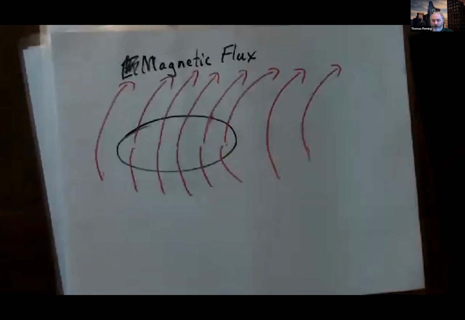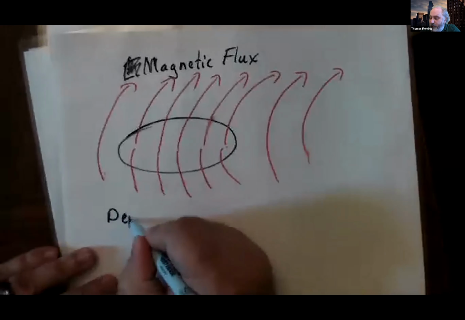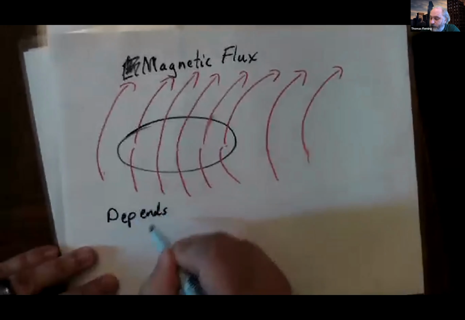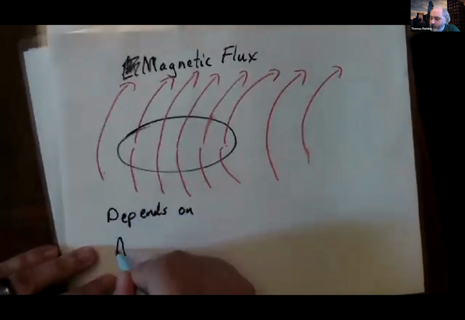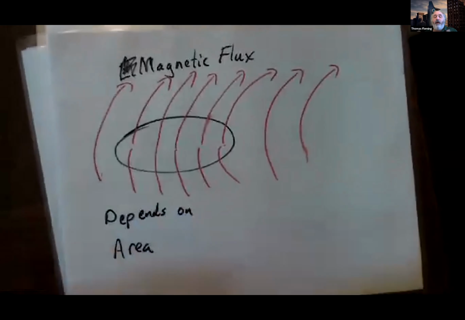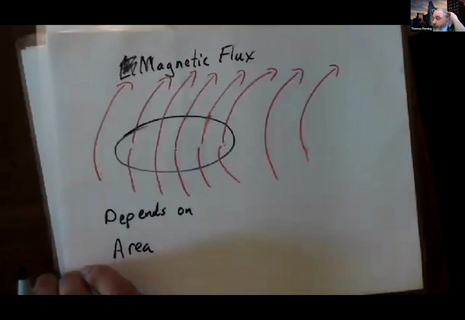So it is clear that the magnetic flux is going to depend on the area of the surface through which we take the magnetic flux. If I have a bigger area, I'm going to get more flux. That's kind of a no-duh sort of conclusion.